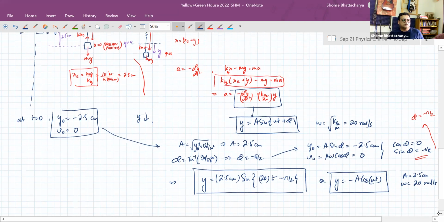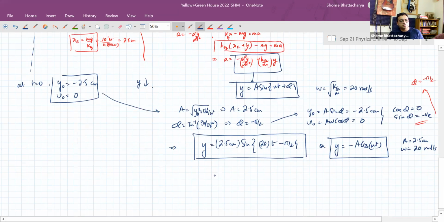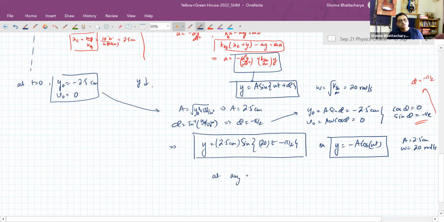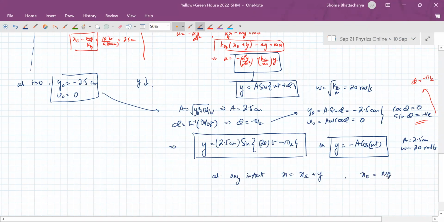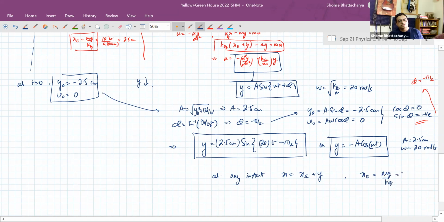Once I know y, from above I can see that at any instant x is equal to the equilibrium value plus y. The equilibrium value of x was mg upon k equivalent, so it was 2.5 centimeters.